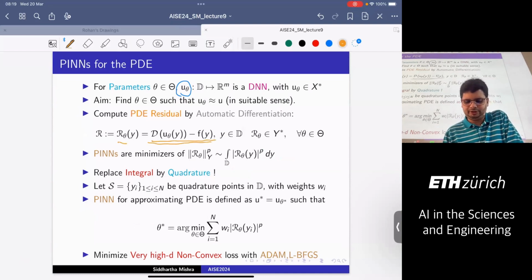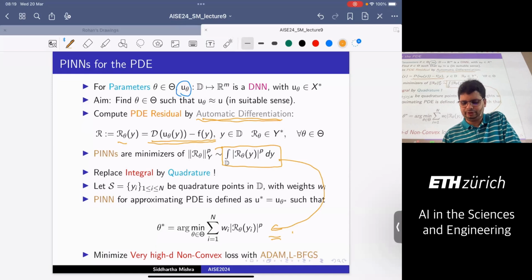We can compute it at any point in the domain because of automatic differentiation, finite differences, whatever you call it. Then we want to minimize the integral here. Of course, the integrals can't be directly computed, so you have to rely on a quadrature. So this is going to be our loss function, L of theta.